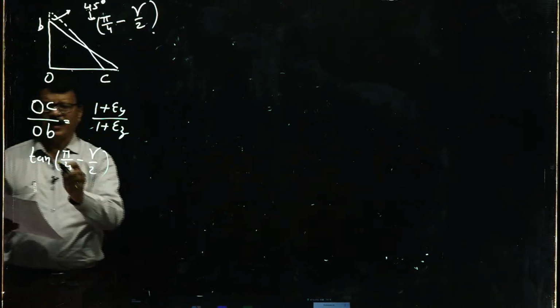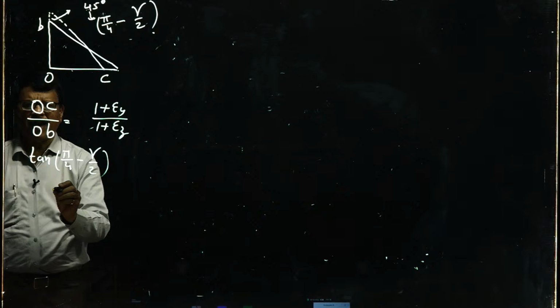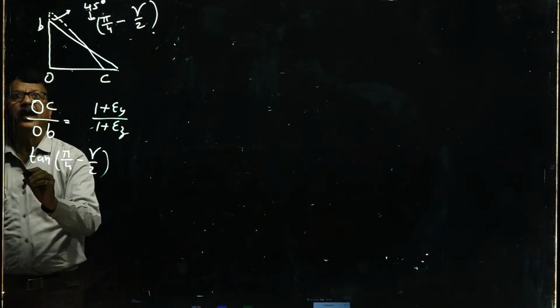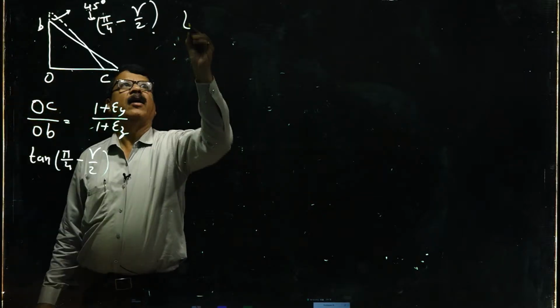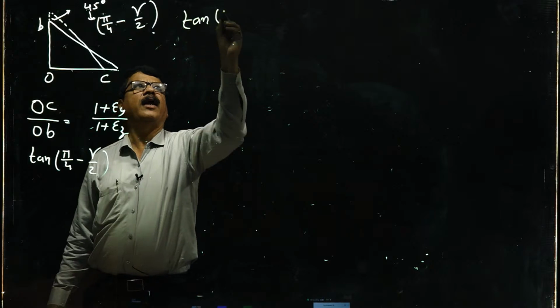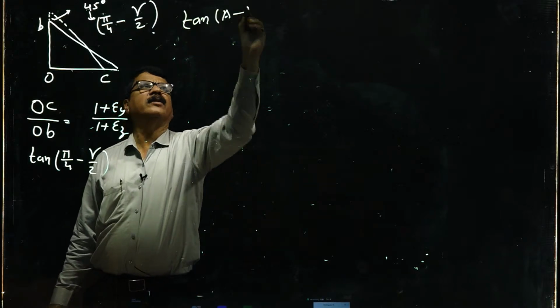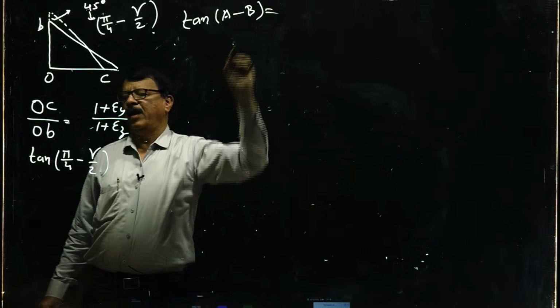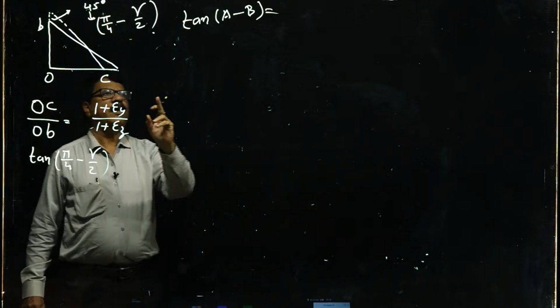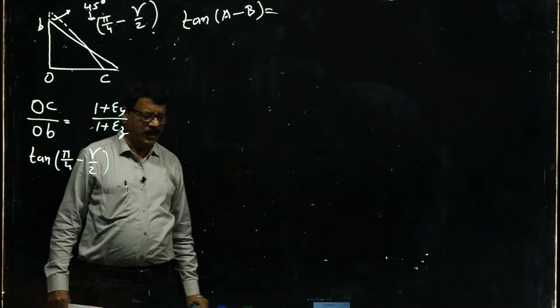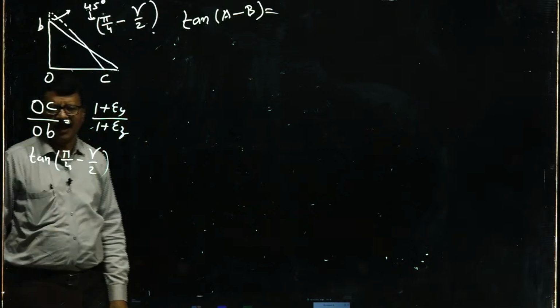Can you solve this? Tan A minus tan B. Do you know the formula for tan(A minus B)? We already studied it in the 10th class, I think.